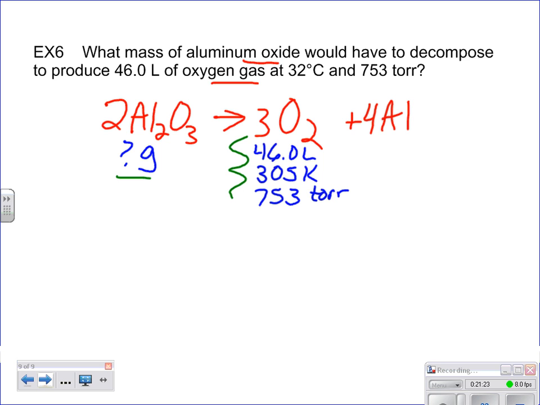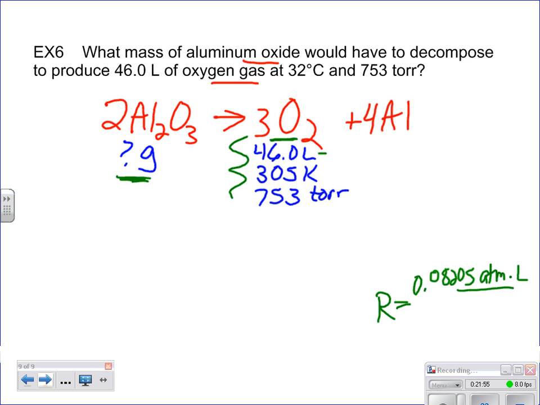So we want to figure out moles of this so that we can go to moles of this. The question is, can you start with 46 and do it? And the answer is yes, that'll get you there. But the reason it'll get you there is, hold on, let me write this down because I can't write and talk at the same time.